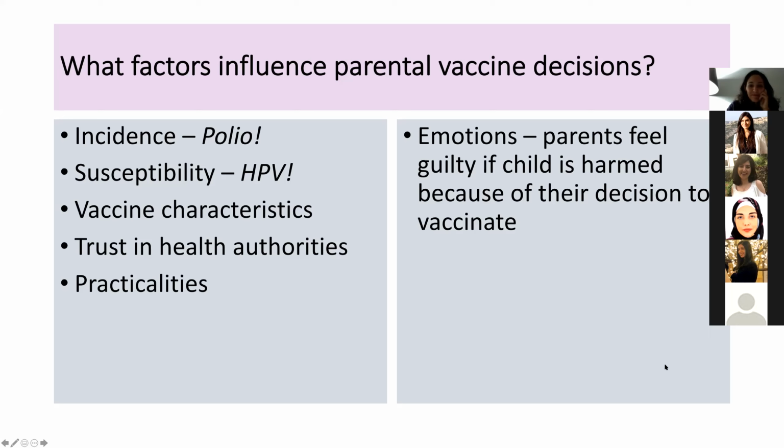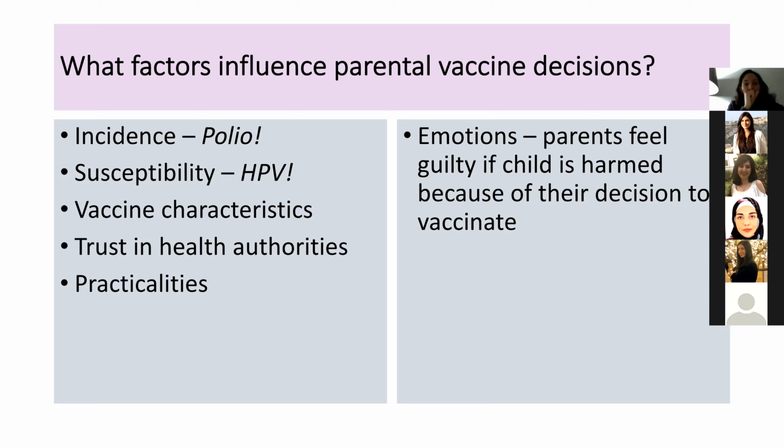Another interesting thing that I read, and this is a very cognitive process as well, is that there are emotional issues related to vaccinating a child, particularly if the vaccine is new, and if there are suspicions that the vaccine is going to harm the child. Let's say in the case of polio, the live attenuated polio vaccine.